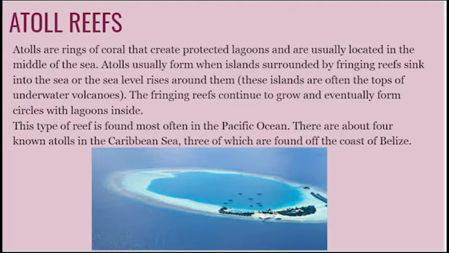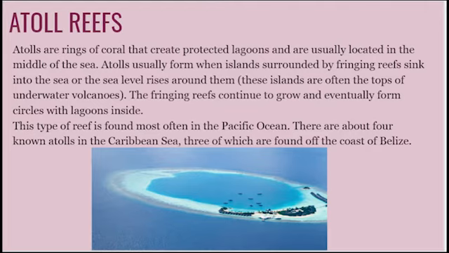So atolls usually form when islands surrounded by fringing reefs sink into the sea, or the sea level rises around them. Now the fringing reefs continue to grow and eventually form circles with lagoons inside.